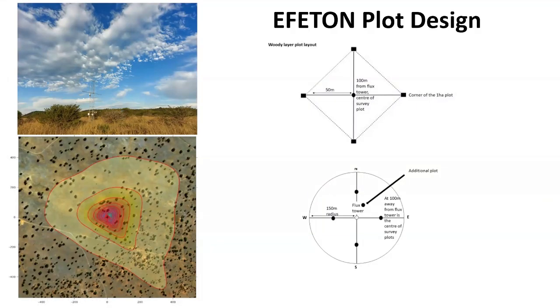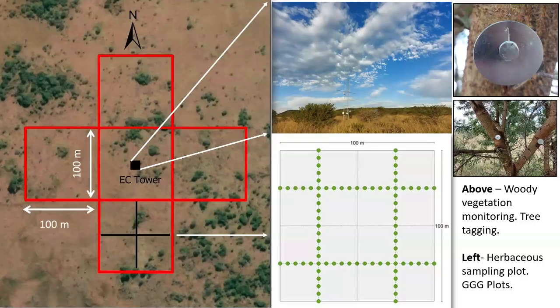So we have decided to expand the sampling design to reflect the full capability of the EC tower. So as in this photo here, we have a central EC tower in the central plot, which is 100 meters by 100 meters. Then we add an additional 4 1 hectare plots in the cardinal directions.